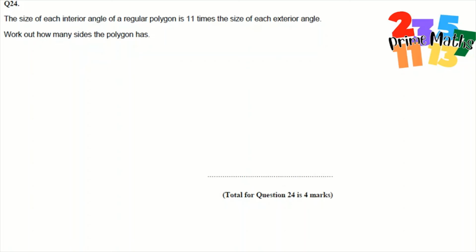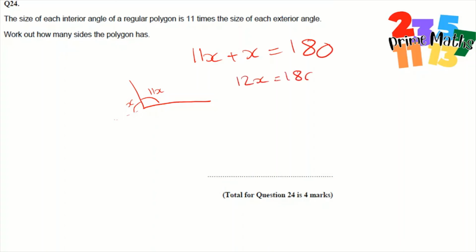Question 24. The interior angle is 11 times the size of an exterior angle. If this is my interior angle and this is my exterior angle, I can label my exterior angle x and my interior angle 11x. We know that interior angles plus exterior angles are equal to 180, meaning that 12x is 180.